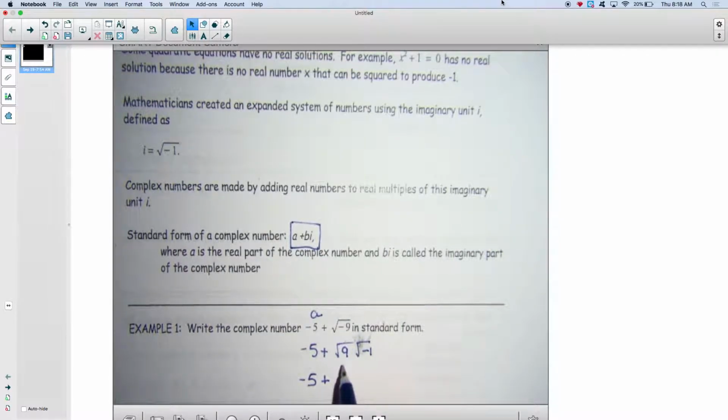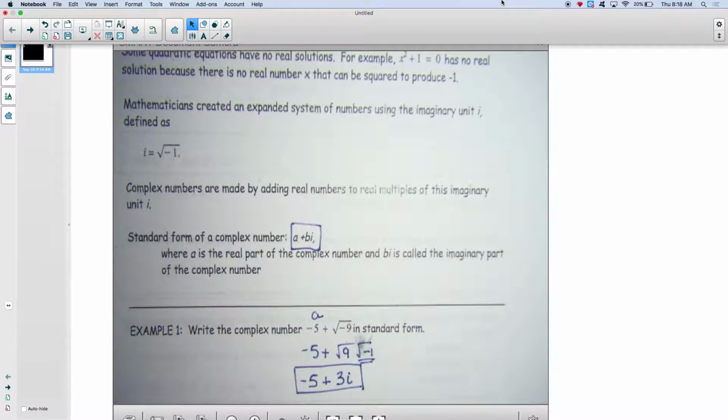Well, what is the square root of 9? 3, and then the square root of -1 we write as i. So pull out that negative by putting an i out there, and then simplify your square root. Pretty easy.